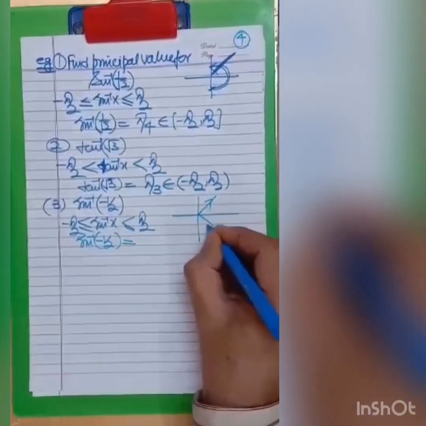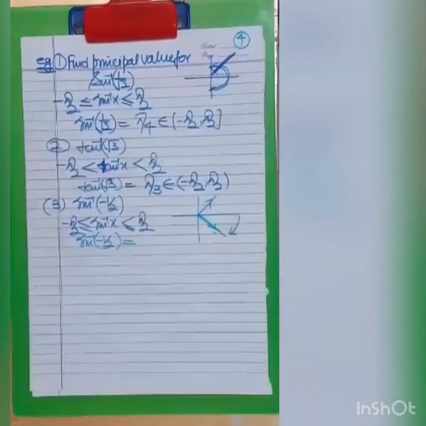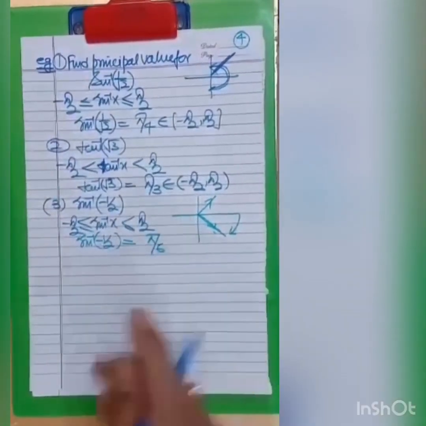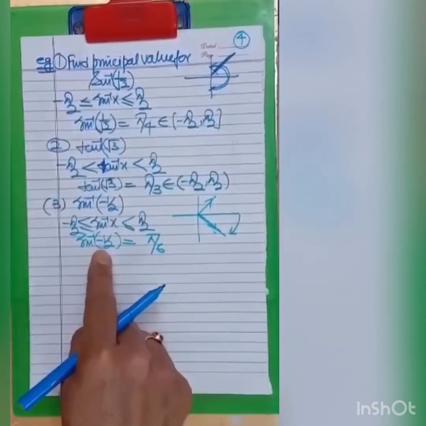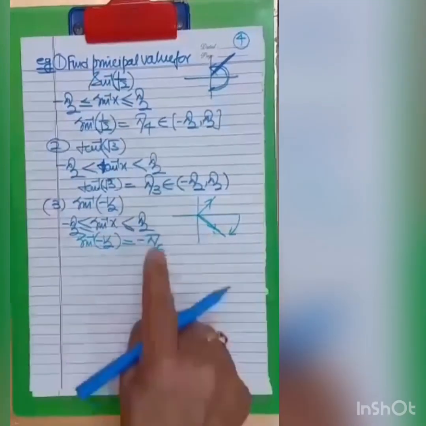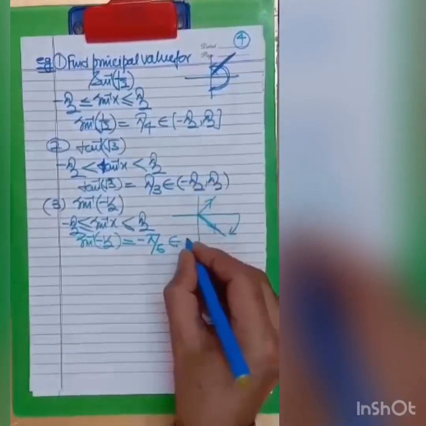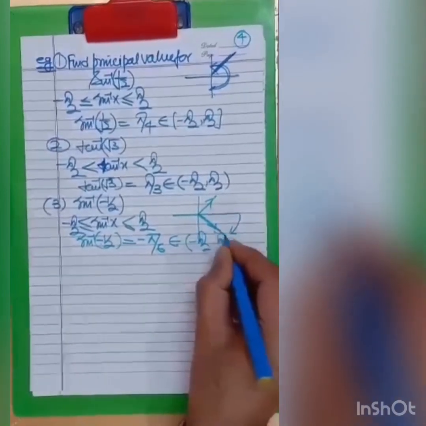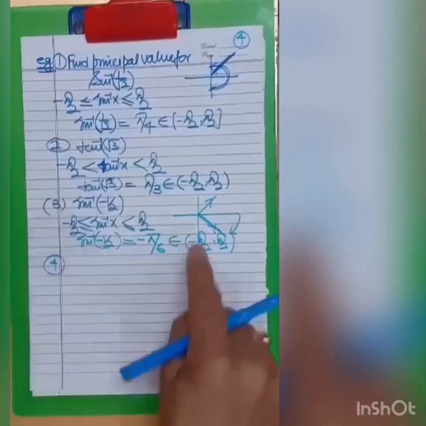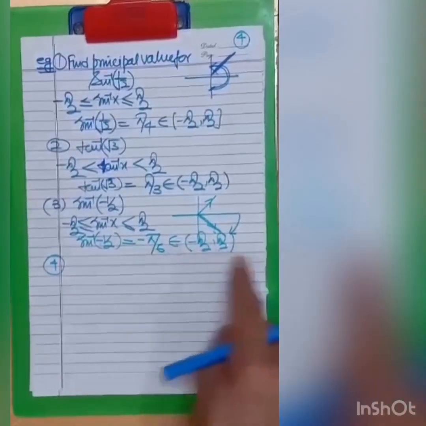It means your angle is lying in this quadrant, clockwise. Now what to do? Simply write your value of angle, that is half having 30 degree, that is pi by 6. Just put minus in front of this. Why? To shift this angle into this quadrant. It is your direct answer, a value which is lying in the quadrant of this.